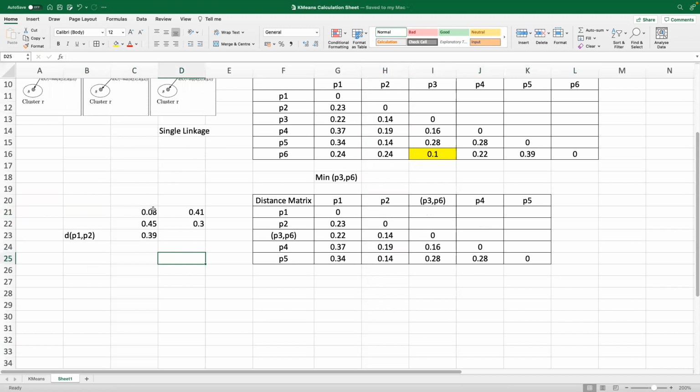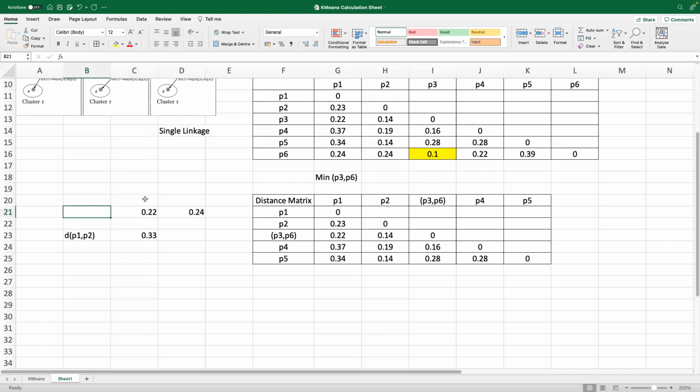P3, P6, how much is P3? 0.22 and 0.24, right? What is P1? Sorry, this is P1 and P6, right?